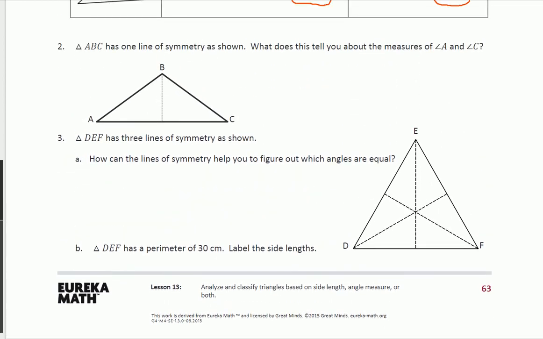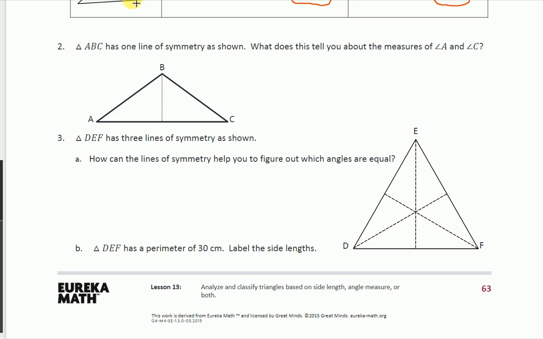All right. Number 2, triangle ABC has one line of symmetry as shown. What does this tell you about the measure of A and C? Let's think about that.